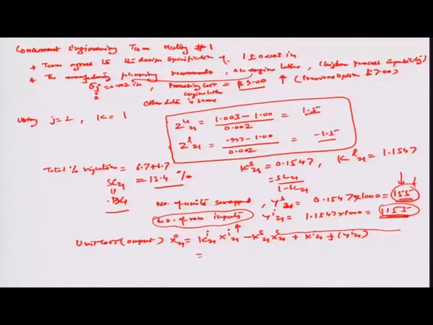This is equal to 1.1547 times 10 minus 0.1547 times 2. These are the unit costs of the input units and of the scrap, plus 1.1547 times $9. This is the additional increase in the price, and in this case the price goes up to $21.63.